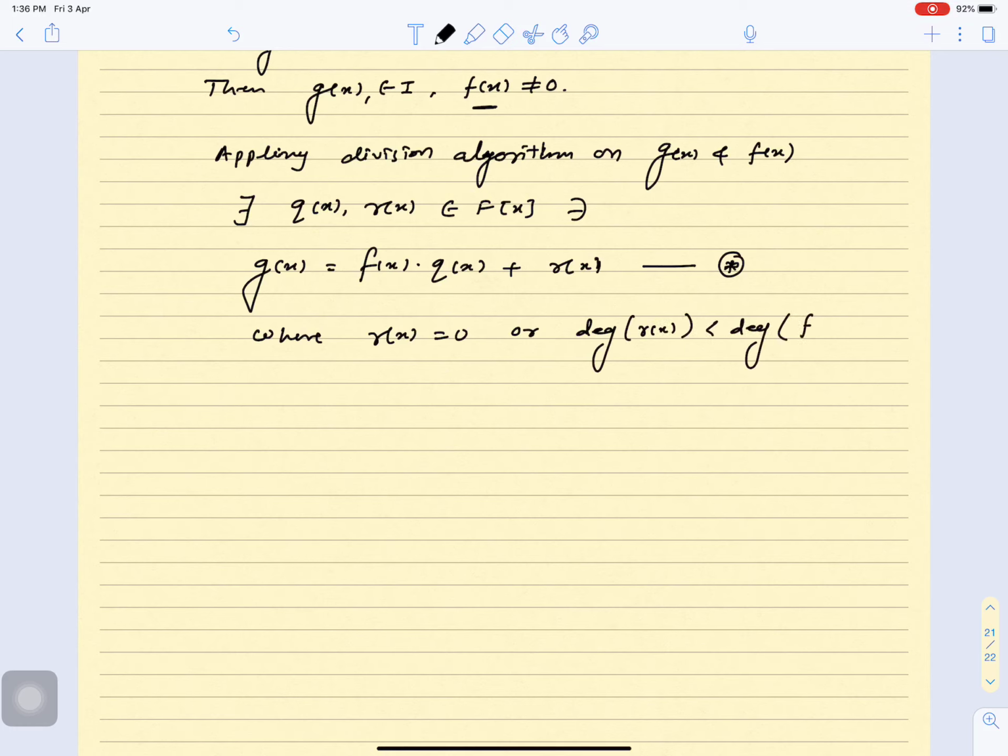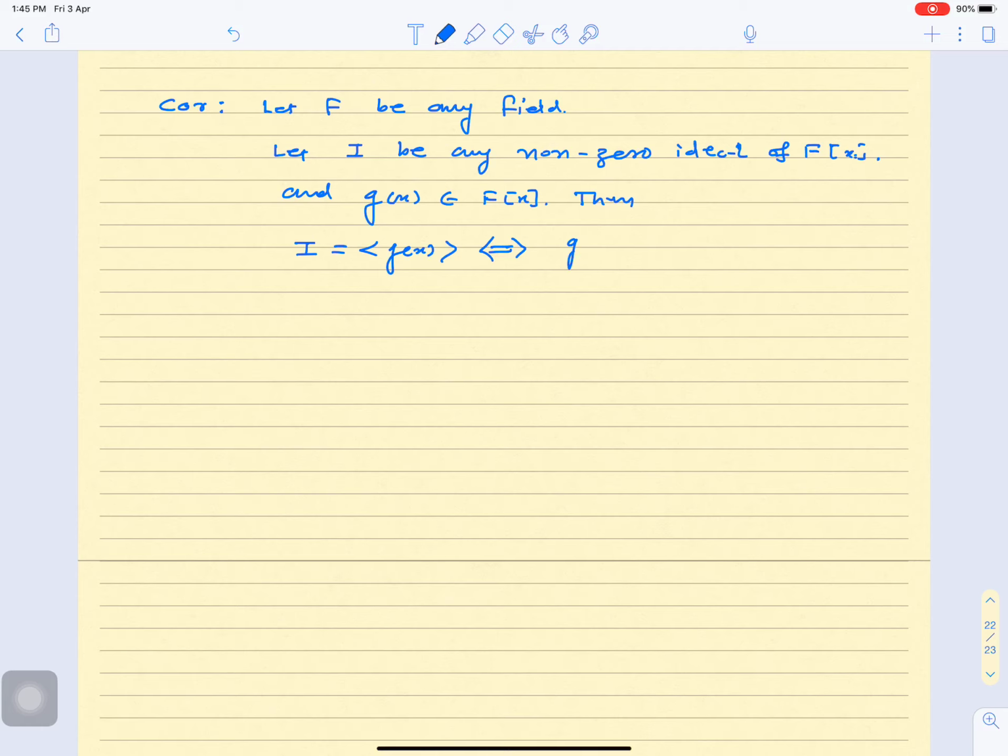Then this ideal is generated by g(x) if and only if g(x) is a non-zero polynomial of minimum degree in I. So we can record the above observation in the form of a corollary.